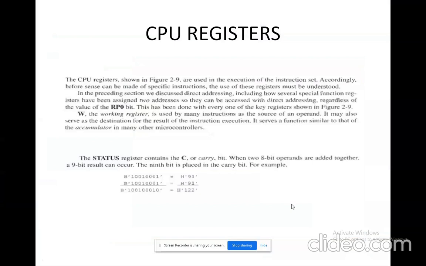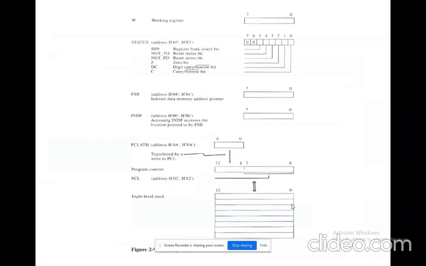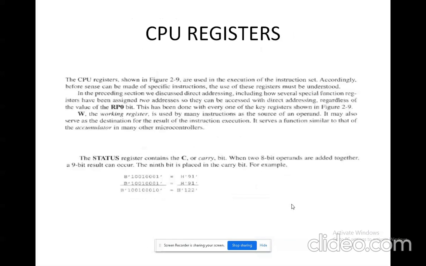So the CPU registers, which are shown in Figure 2.9. This is not a single register. Here you will be using many registers under the CPU, which will be used for execution of the instruction set.